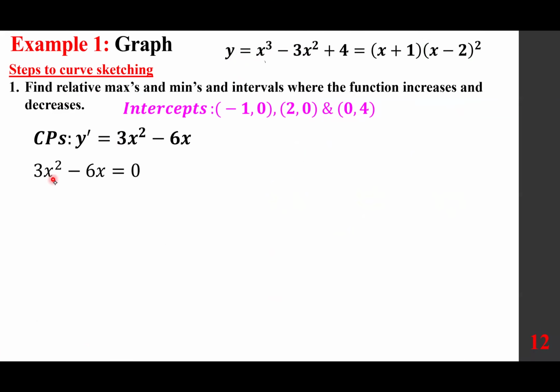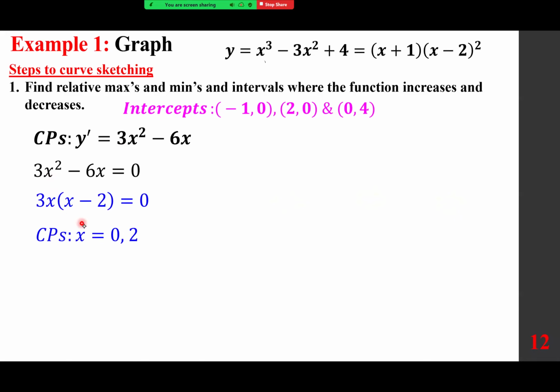To do so, we factor out the 3x. We get 3x times x minus 2. Either x is 0 or x is 2. So there are two possible solutions. By the way, to find the critical points, you also look at where f prime or y prime does not exist. Because it's a polynomial of degree 2, it exists everywhere.